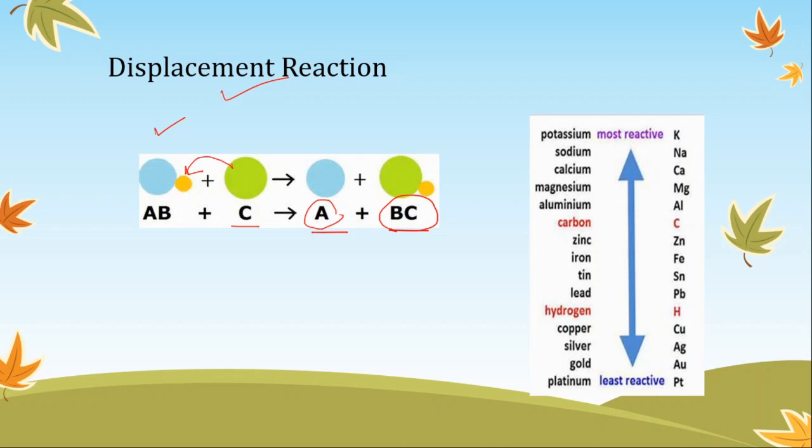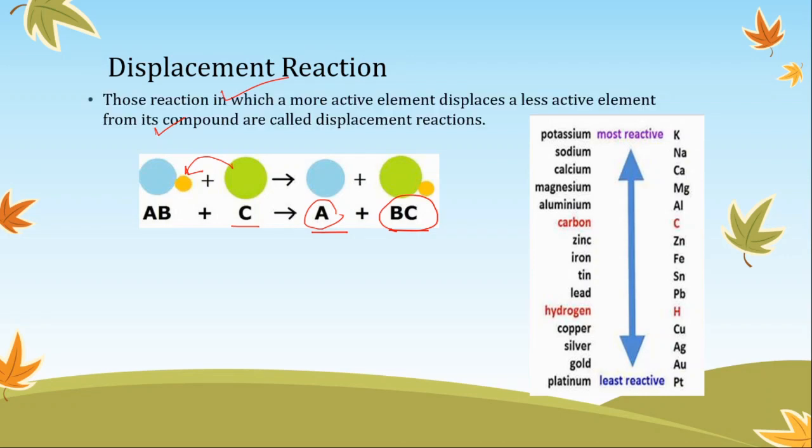Now we can make up the definition for this: displacement reactions are those reactions in which a more reactive element displaces a less active element from its compound. Those are known as displacement reactions. Now you must have studied the activity series in previous classes. In this figure I have also tried to show the activity series.